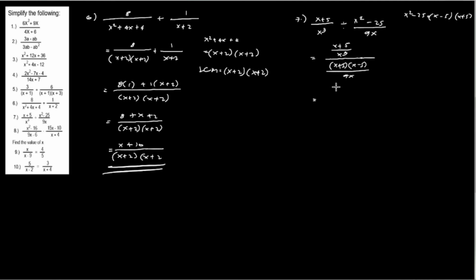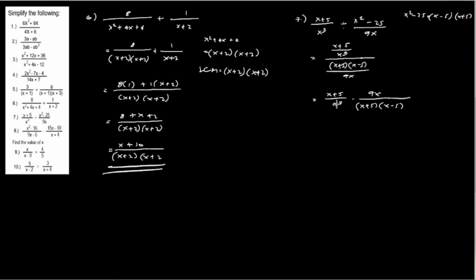Using the reciprocal, the numerator is x plus 5 all over x cubed. For the denominator, the reciprocal of x plus 5 times x minus 5 all over 9x is equal to 9x all over x plus 5 times x minus 5.